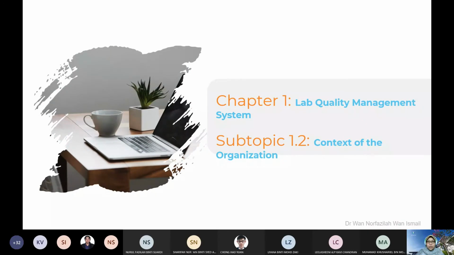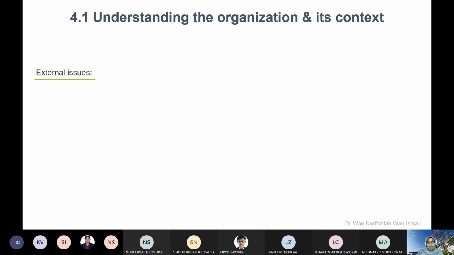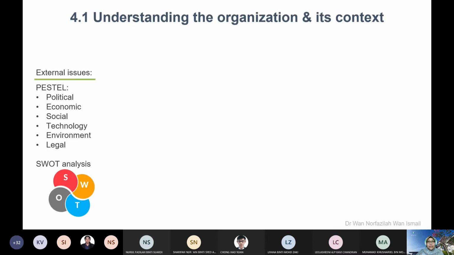And then subtopic 1.2 under chapter 1 is context of organization. So now we are going through each clause in ISO 9001. Previously, subtopic 1.1 was only the introduction of LQMS and also the terms used in ISO 9001. Context of organization is clause 4. We start with 4.1, understanding the organization and its context.